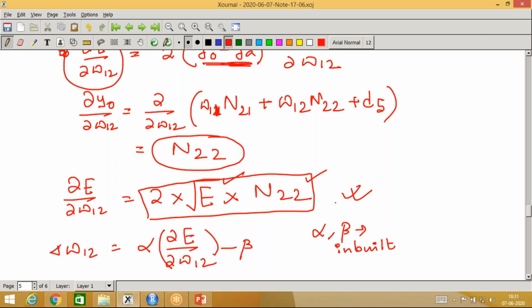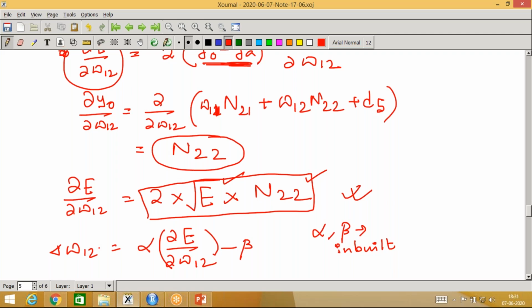Fair enough? So I know how much I will change W12 in the first iteration, and I will keep on changing it until further changing of W12 is not changing anything in the error.